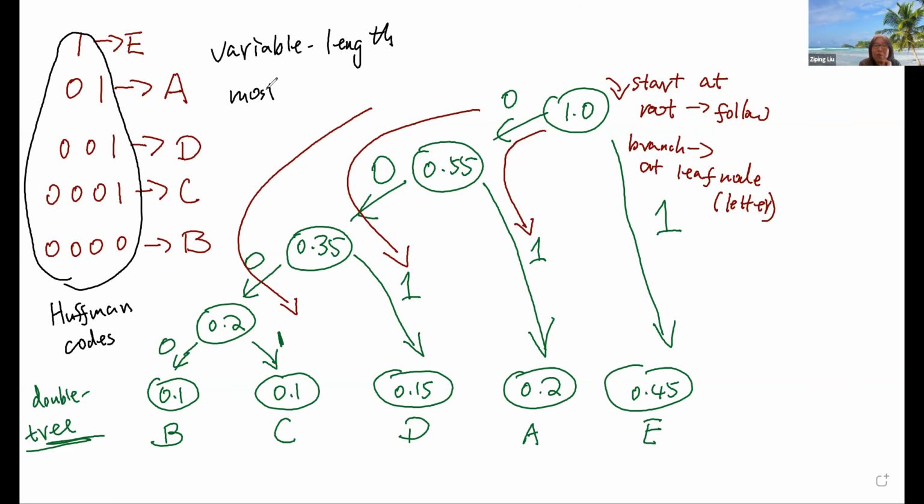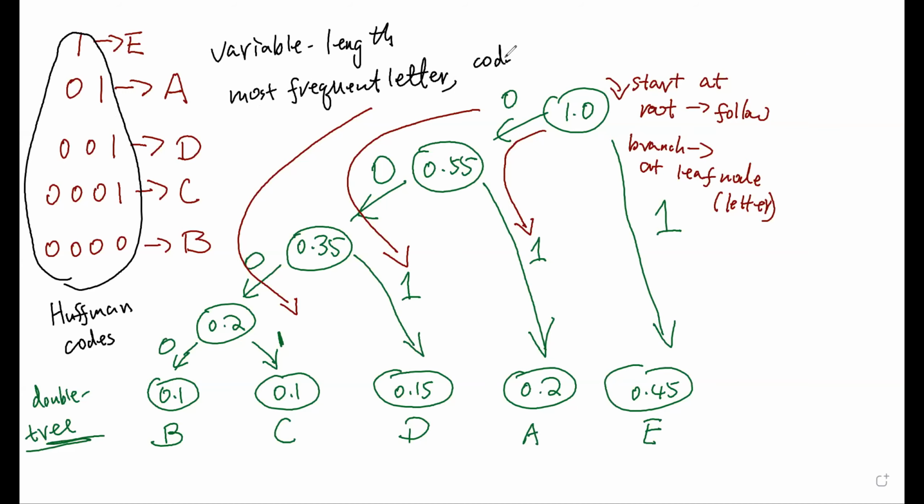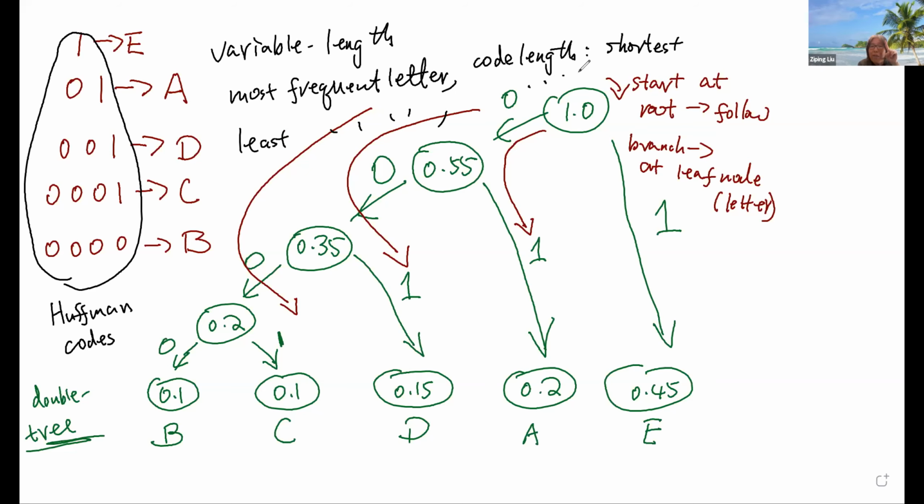So the most frequent letter, its code length is what? Is the shortest. Is it? You only have one. Is it? And the least frequent letter, the code length is what? Is the longest. So here for Huffman codes, the idea is you use shorter.